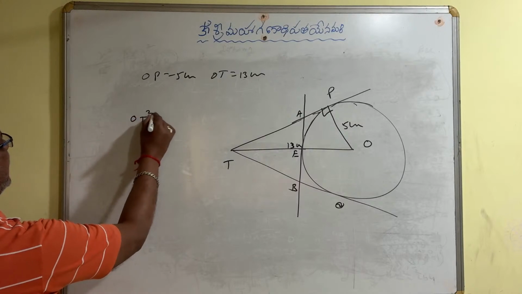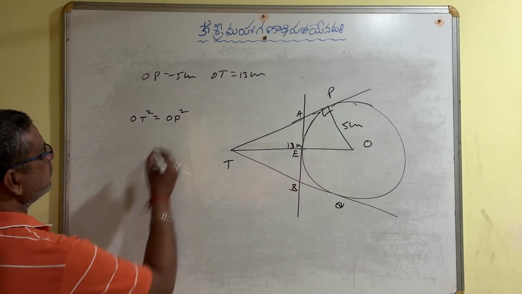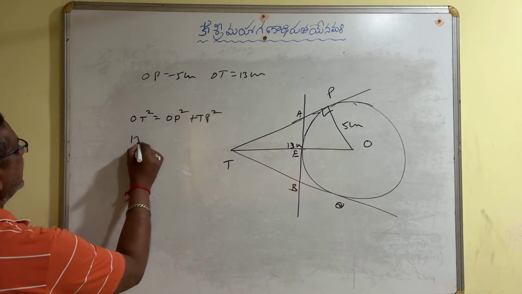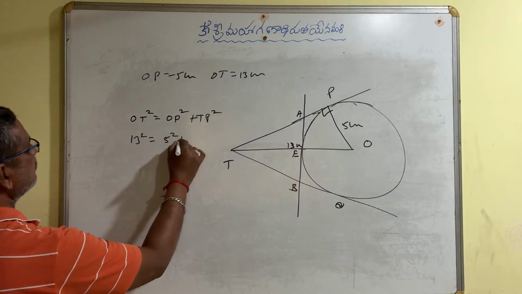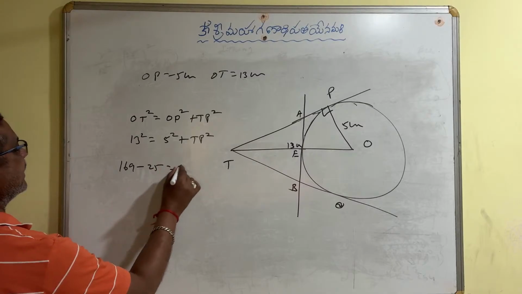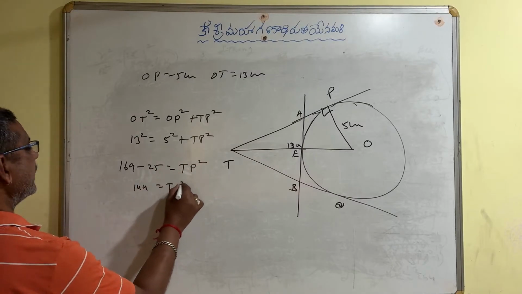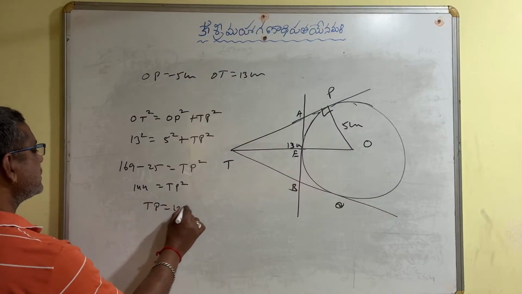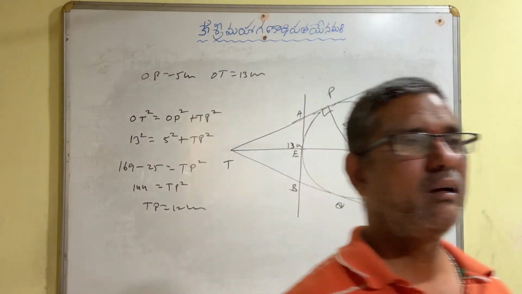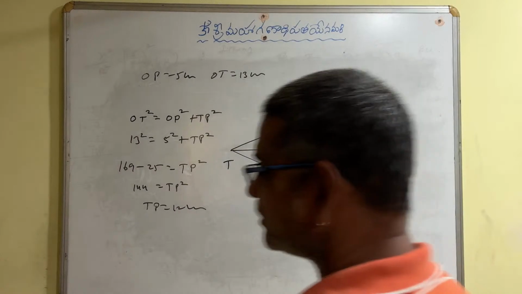So OT square is equal to OP square plus TP square. So 13 square is equal to 5 square plus TP square. 169 minus 25 is TP square. 144 is TP square. TP is 12 centimeters. That is the first question answer.